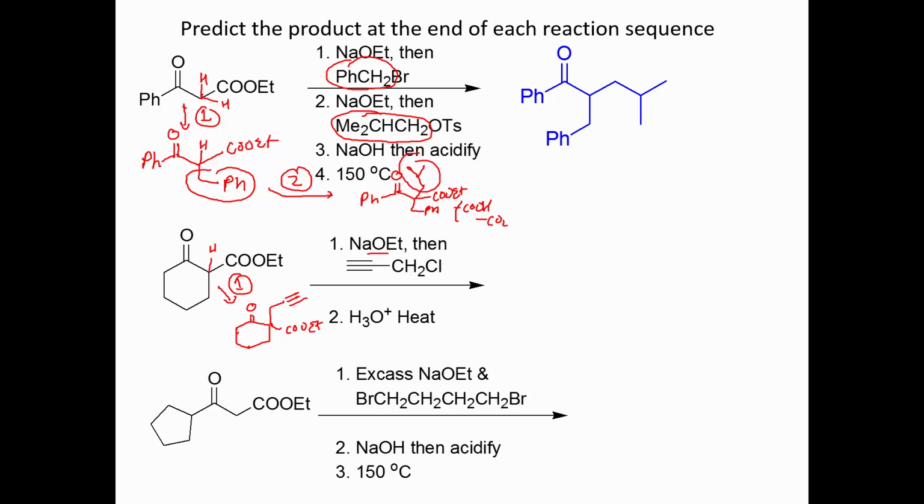The propargyl group is what this is called. Okay, and that goes in right there in an SN2 reaction after we make the anion. And here we're doing this one-step decarboxylation ester hydrolysis. The product that we're expecting to get from this is just this, the methylacetylene group on the cyclohexane ring.